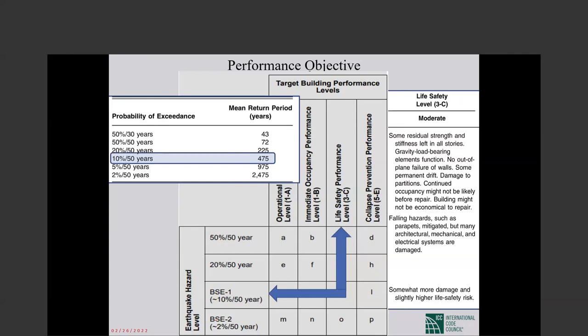Tomorrow, when we discuss linear analysis, if they ask us to evaluate this building for a larger earthquake, it becomes evaluating this building for a larger base shear. We have a formula that gives us the base shear for each level of earthquake that they ask us to check.